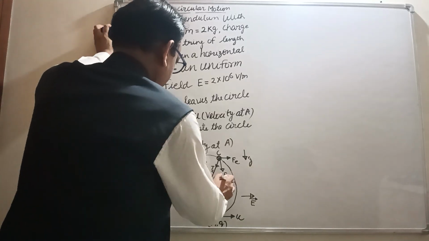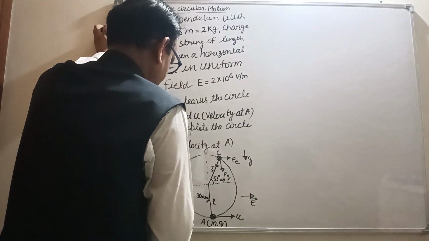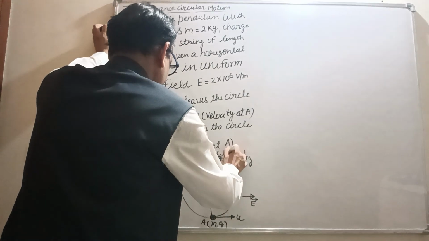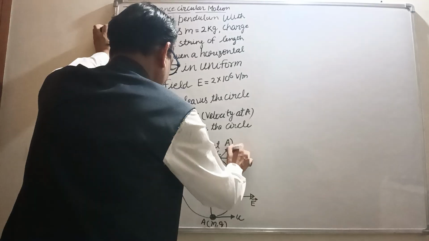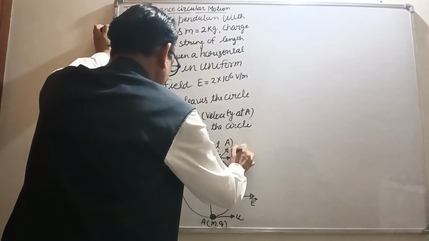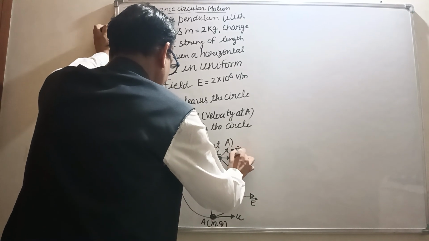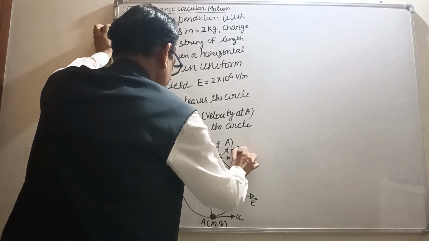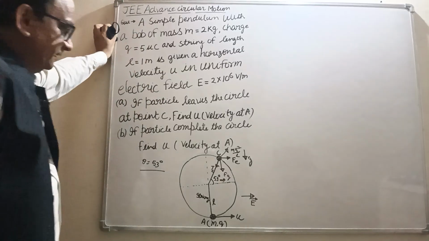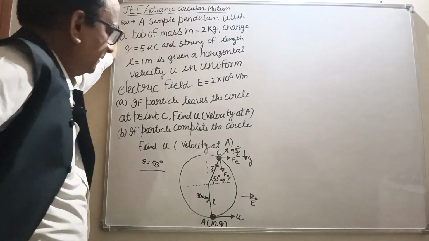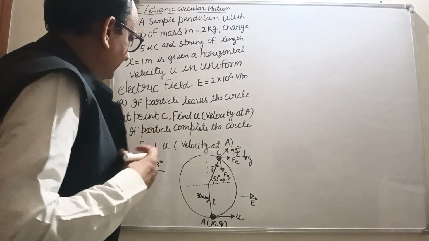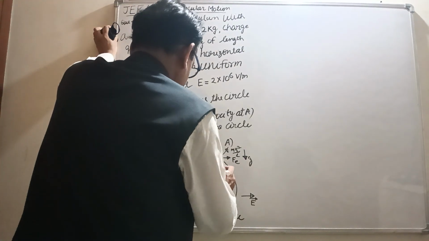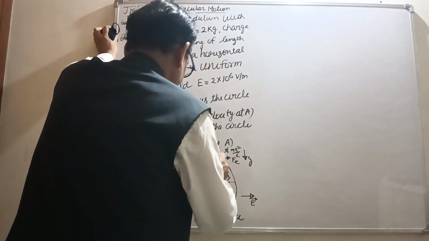So suppose this angle is theta, the centrifugal force acting would be m v square, this is vc square upon this length, this is L. So this is point C. The centrifugal force is acting at that point, and the component of this angle is theta.